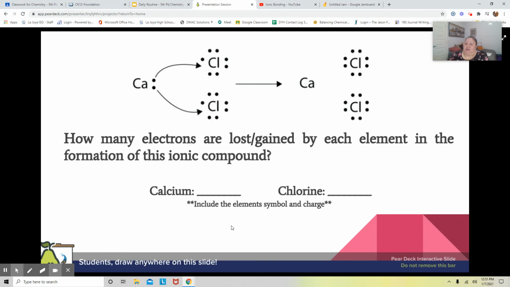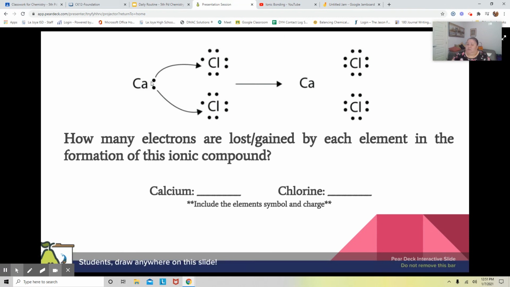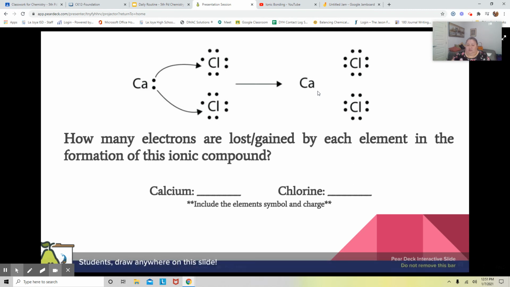We're talking about calcium, Ca. How many electrons do you see here for calcium? 2, right? Okay. How many does it have now? On the right, 0.